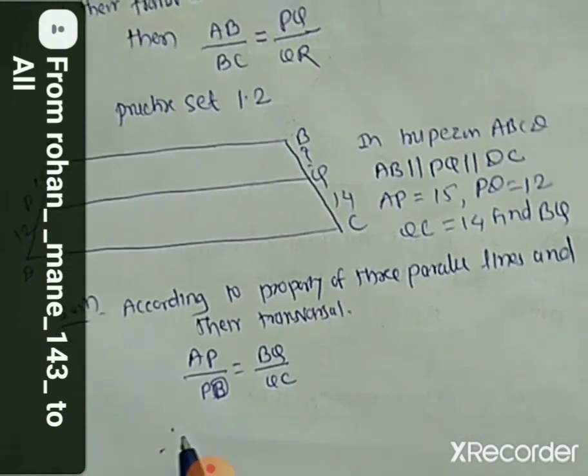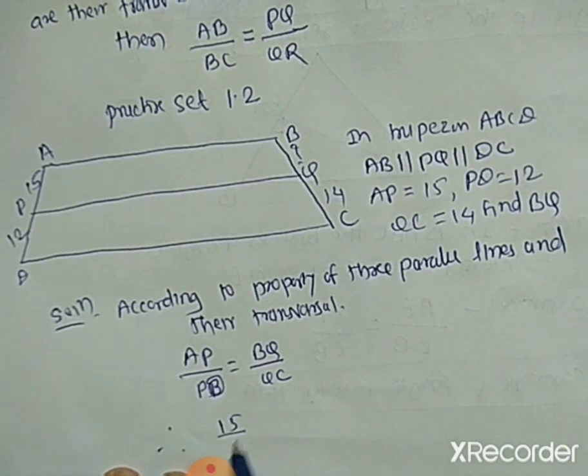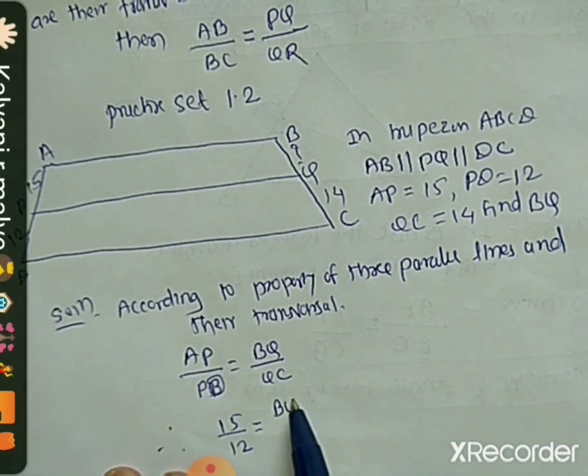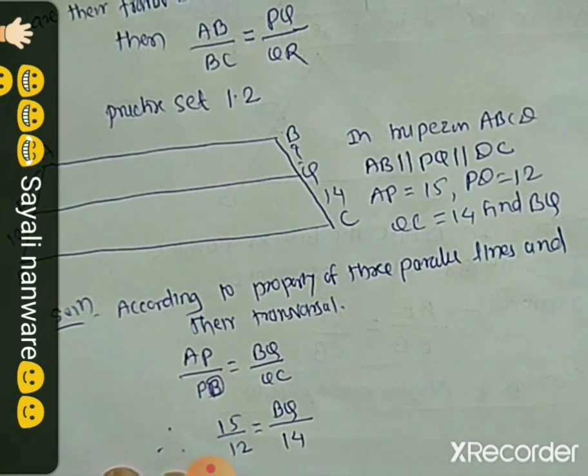Now putting the values in this equation, what we will get, 15 upon 12 is equal to, we don't know the value of BQ, let us set BQ upon the value of QC is 14.